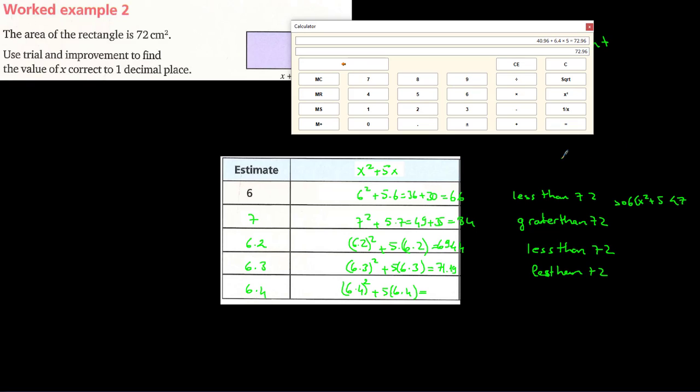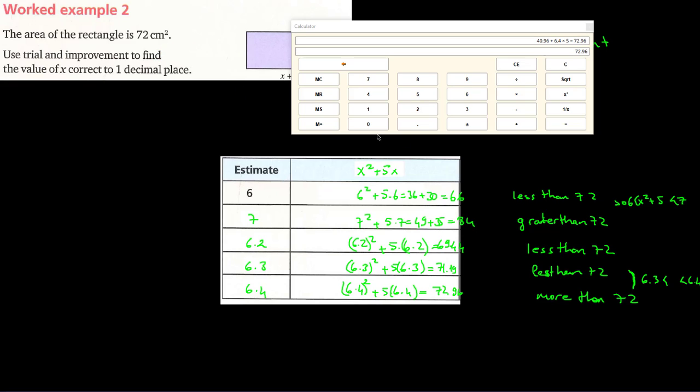It's equal to 72.96, so it is more than 72. So the answer is between 6.3 and 6.4. I can guess the number like this because I'm asking for one decimal place.